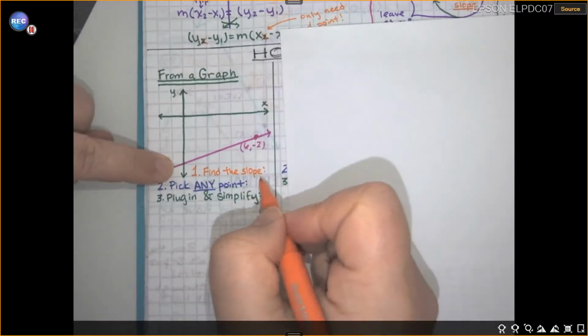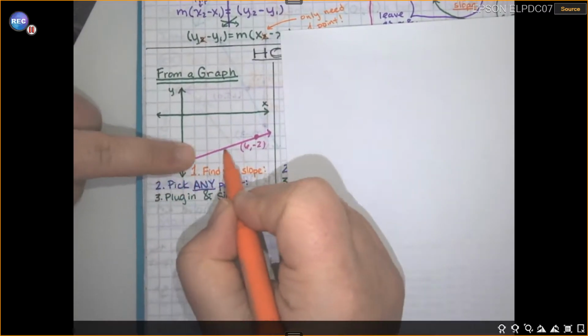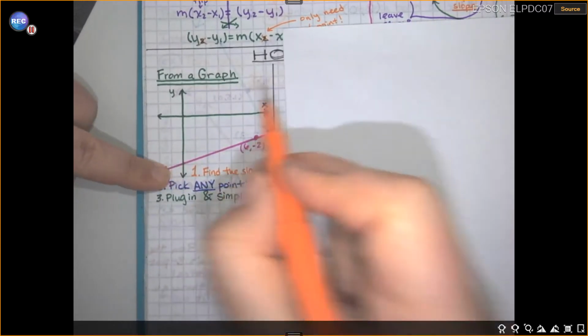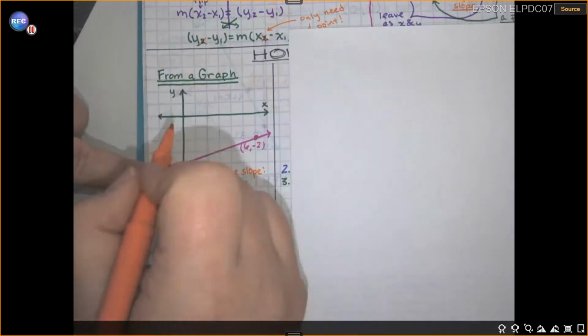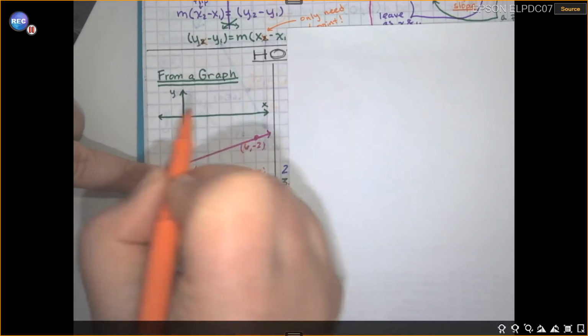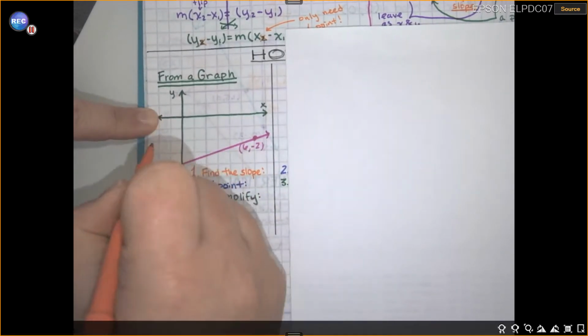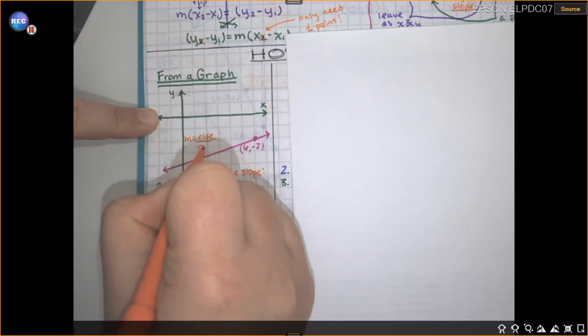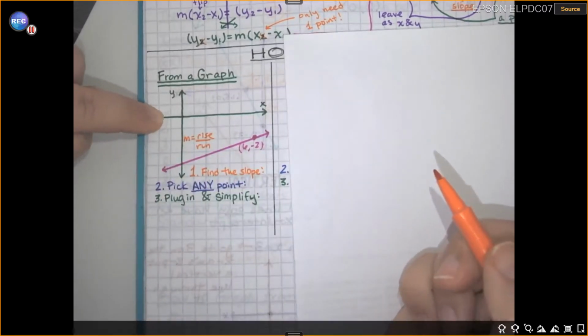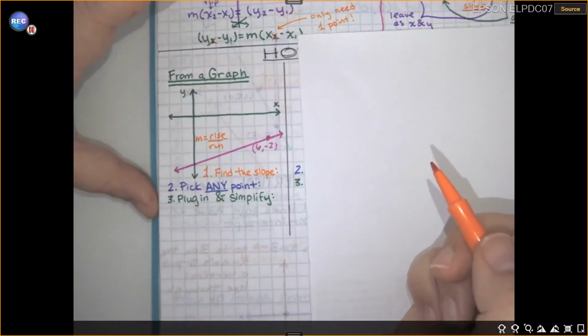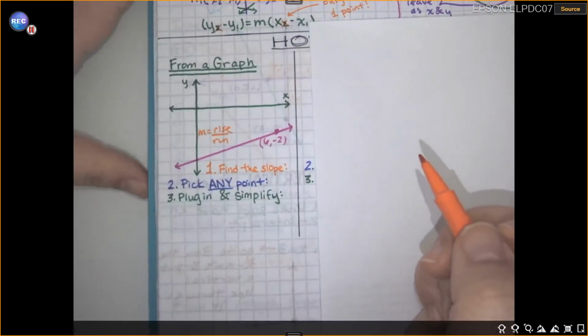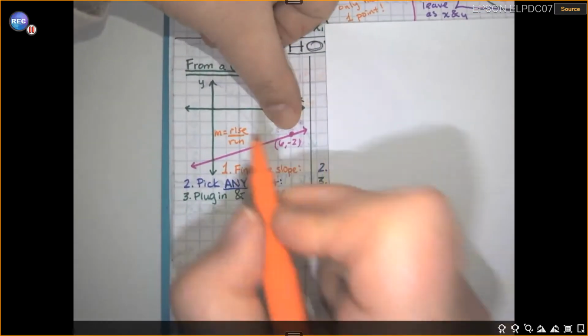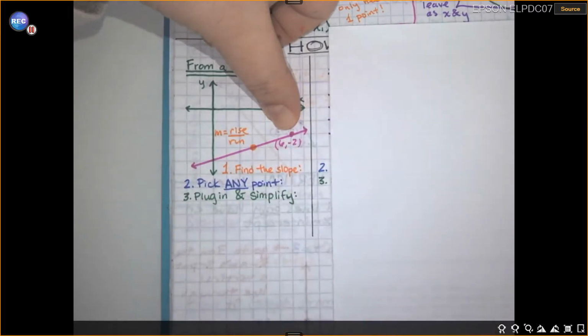So the slope, find the slope, I'm actually going to find it up here. So if you recall, slope for a graph is m equals rise over run. So I need to find rise over run. So if I can use anything I want, then I'm going to use 2 nice points. So I already have this point, and it looks like this point right here is very nice. I don't even care what that point is.